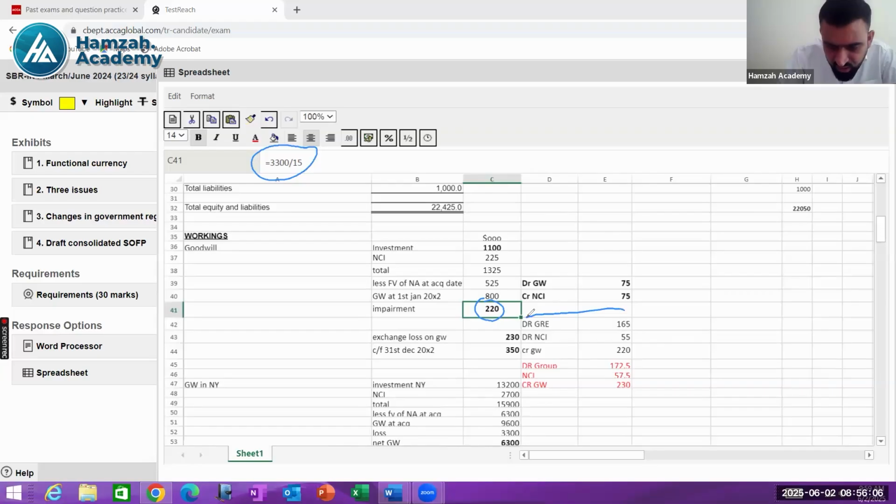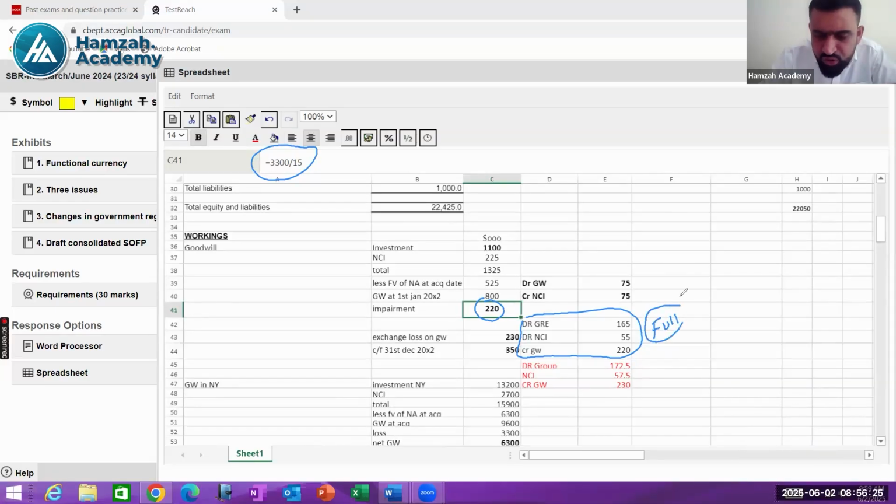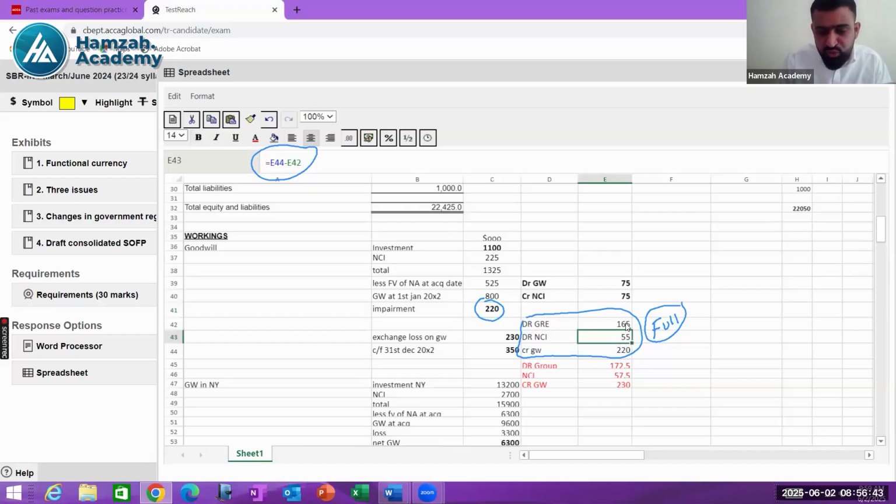This entry, I'm highlighting in the circle, should be made, in which goodwill should have been credited by 220. And as we are using the full goodwill method, 75% of the impairment should be charged against the group retained earnings and 25% should be charged against the NCI. So 75% is equal to 165 and 25% is equal to 55.